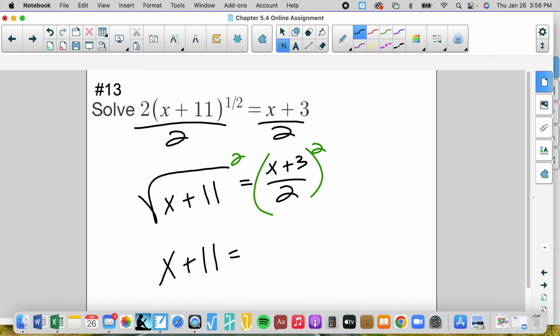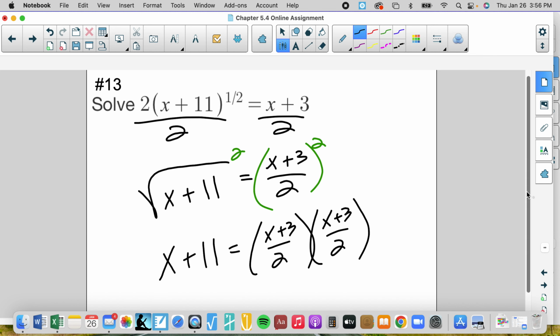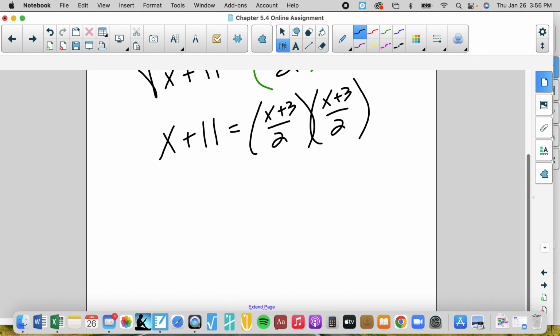So there's a number of ways to go about doing this. So that's x plus 3 over 2 times x plus 3 over 2. So that is x plus 3 times x plus 3, which is x squared plus 6x plus 9 over 4 equals x plus 11.